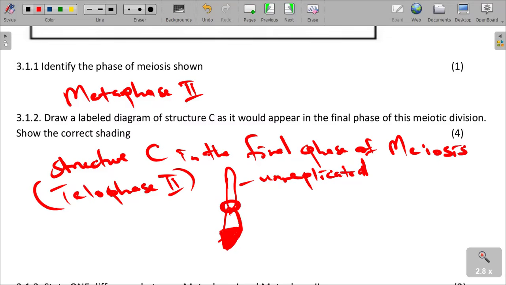I have defined this also on the channel. It is unreplicated, which is a chromatid. It is also a daughter chromosome.